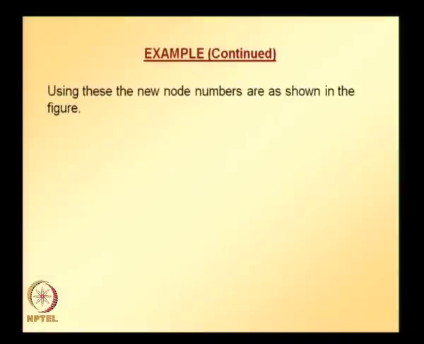Using these new node numbers, we can write the 3 subscript numbering scheme like this. L1, L2, L3 are normalized with the 2 to convert into whole numbers, and they are written side by side for each of the nodes. That is how we obtain this 3 subscript numbering scheme for the 6 node triangle.